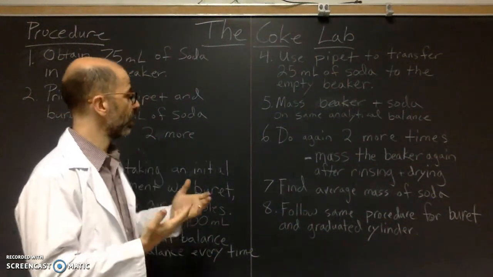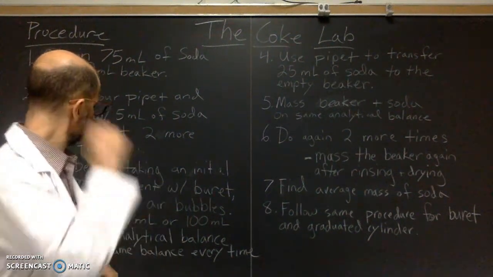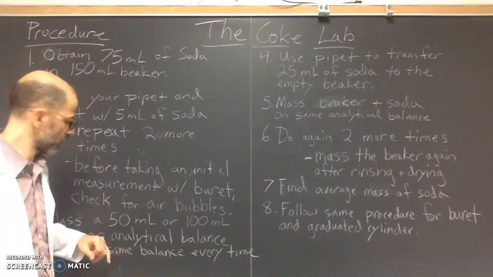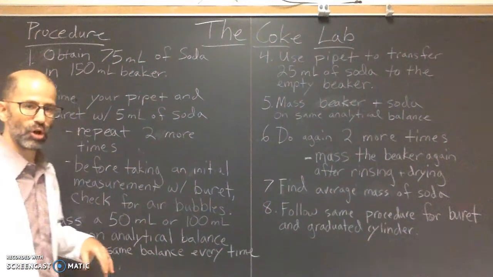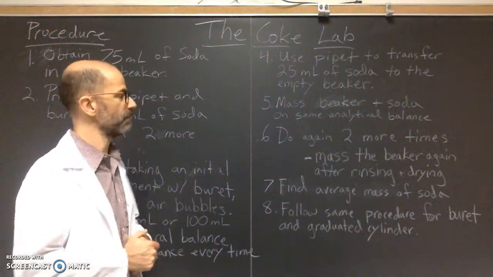Welcome back. So what I was talking about before is you have masked your beaker, your 50 milliliter beaker, or your 100 milliliter beaker, and you know the mass of the empty beaker.